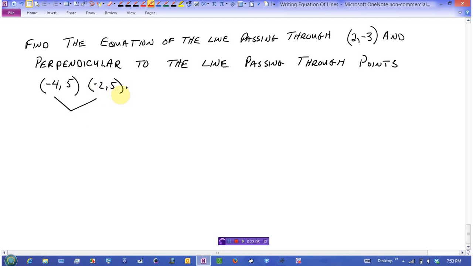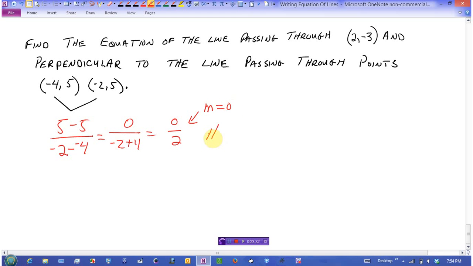So I have 5 minus 5. That's the difference of the y's, and the difference of the x's is negative 2 minus negative 4. So I have 0 all over negative 2 plus 4, 0 all over 2. And in this case, I have a slope that is 0, so this line is horizontal.